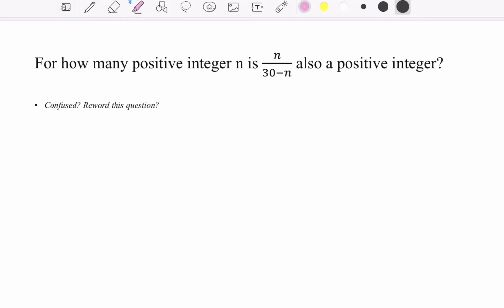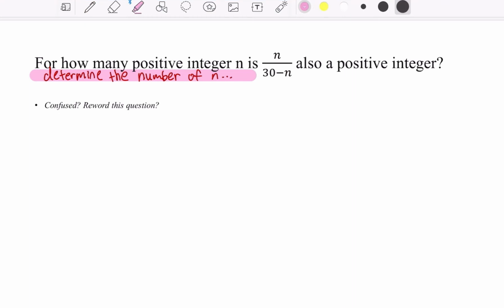Okay, so let's first read the question. For how many positive integer n is n over 30 minus n also a positive integer? Let's break this into half. The first half of the sentence, for how many positive integer n, is asking us to determine the number of positive integer n.